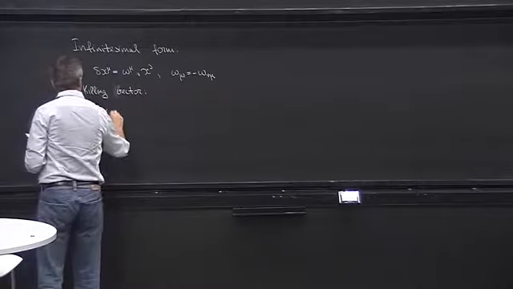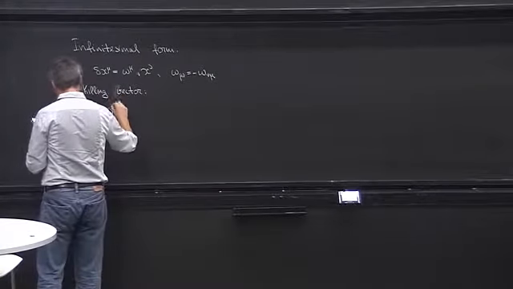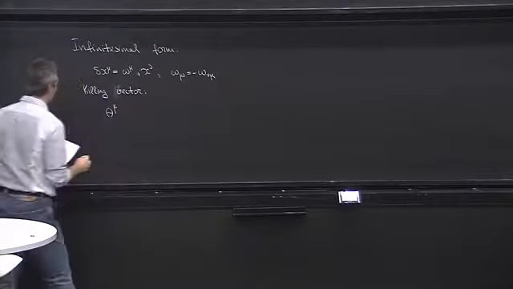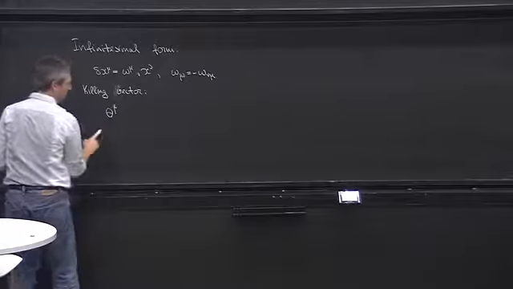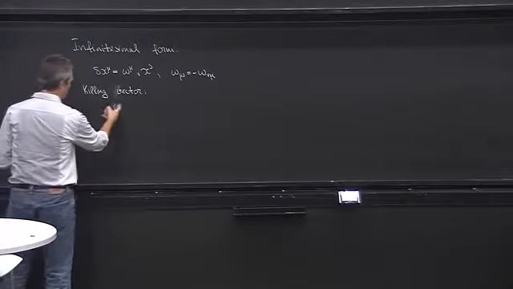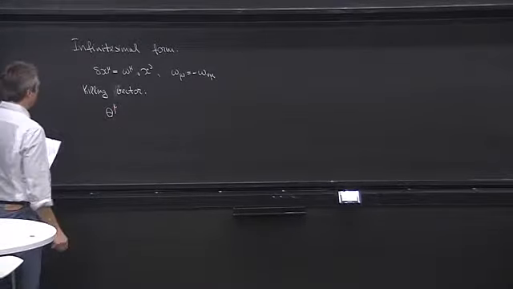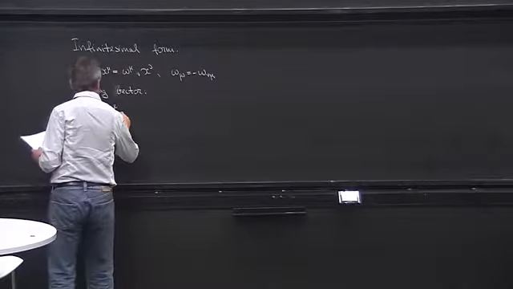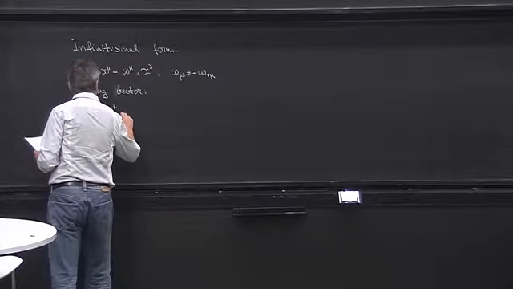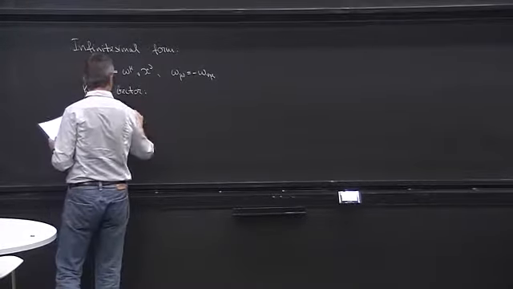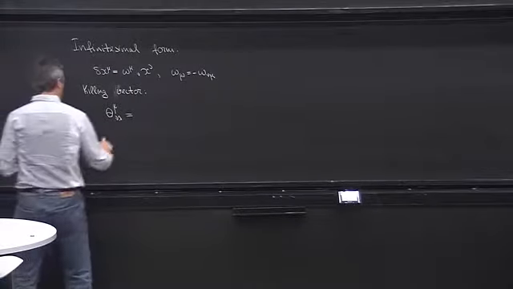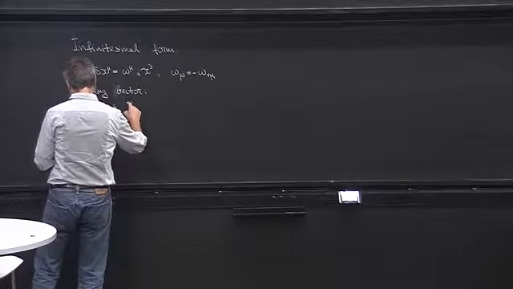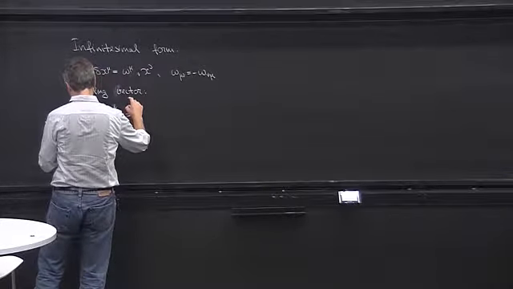And so the Killing vector will have three indices, right? There will be an index that corresponds to the vector index, and then the parameter of the transformation is an antisymmetric tensor, because of this equation. So the Killing vector will look like that.